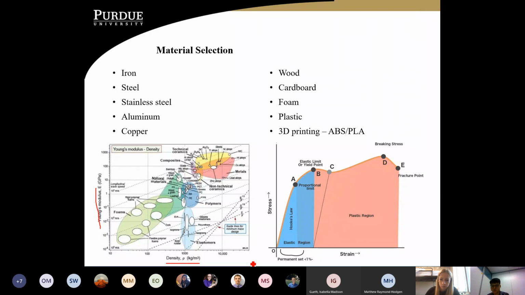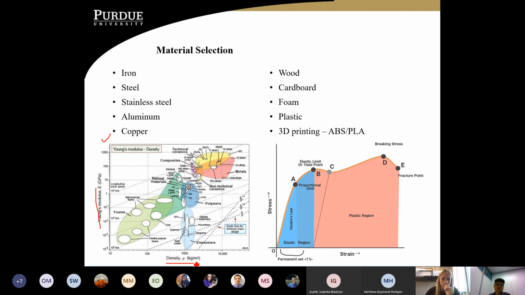Would you want the item to be sturdy, or very light so that the toddler can carry it, or something so sturdy that it cannot be moved? This is something you have to think about, and this figure I provided is very useful for choosing what material you want in the end.